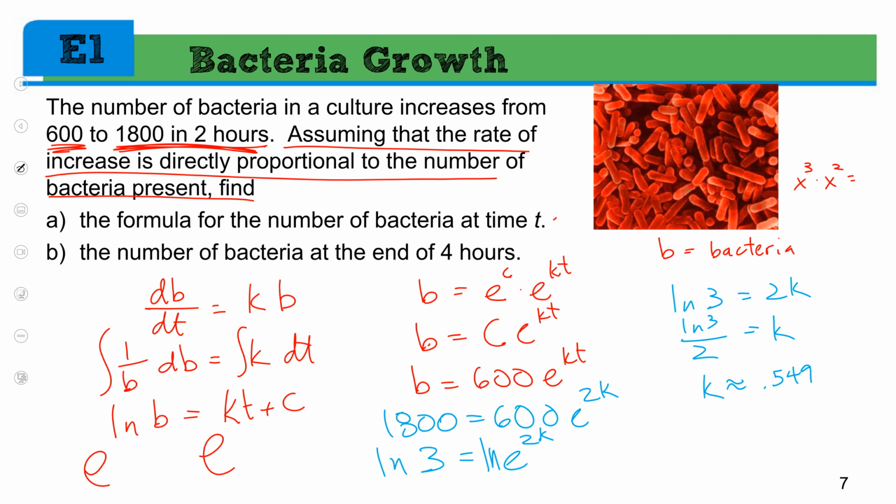But when we're doing the problem, you can either leave it as the natural log of 3/2, but we all understand that's a pain to write. You can write it out in your problem as 0.549. So for instance, to answer part A, I would write B is equal to 600 e to the 0.549t. Dan, you had a question?